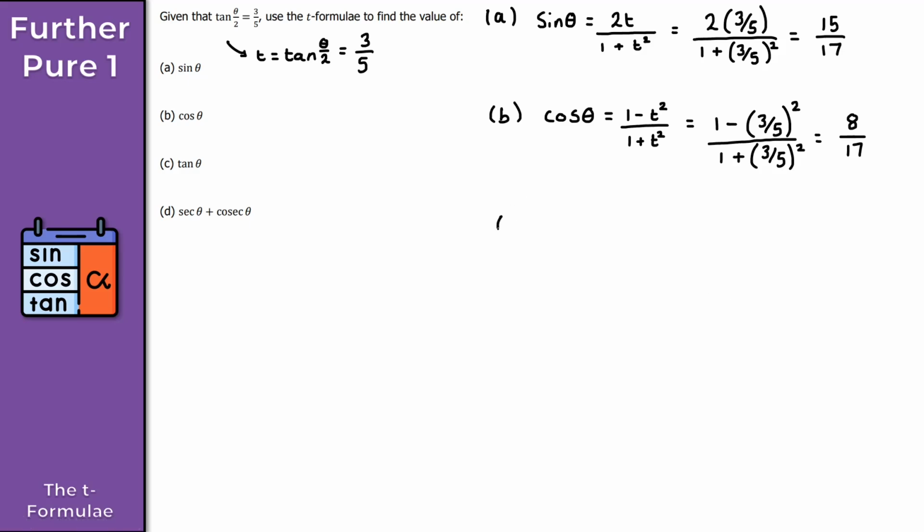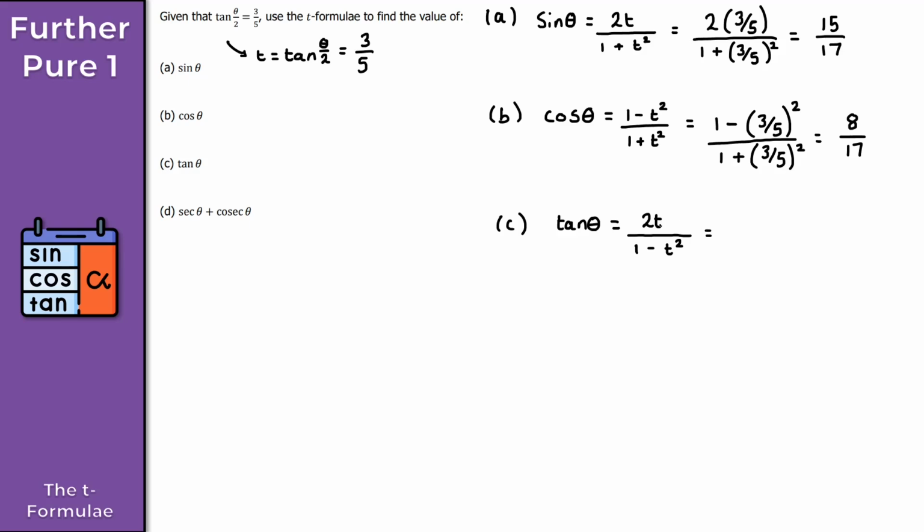So moving on now to part C here, where we have tan theta now. So for tan theta then, again, let's just start here by stating the relevant result then for tan theta in terms of the t-Formulae here. So in that case then, what I get here is 2t all over 1 minus t squared here. Okay.